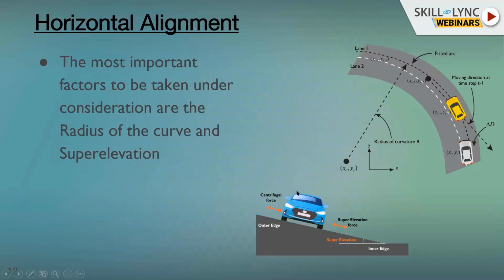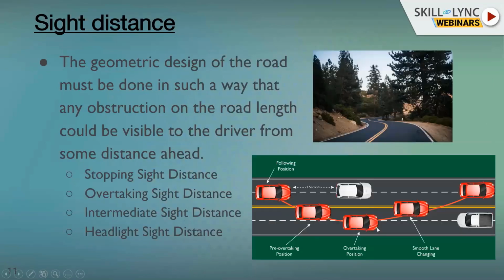How do we calculate the overtaking sight distance? If you are sitting in a back car, you will have some time to react and decide that you have to overtake this vehicle.